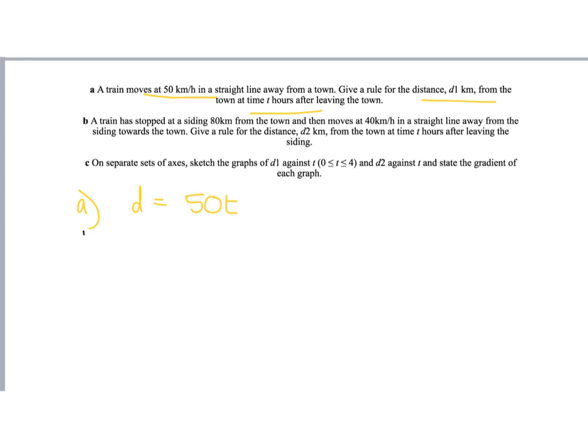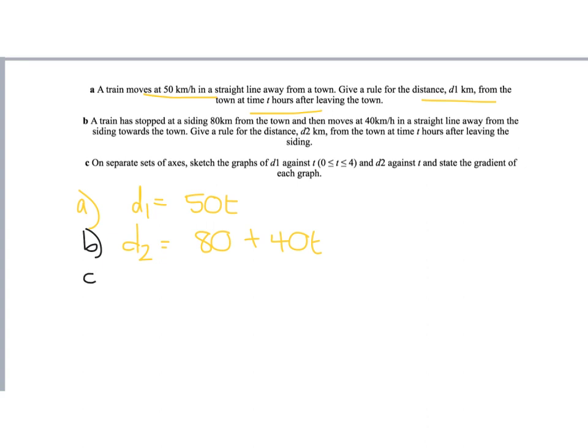Then our train stops at a siding that's 80 kilometres from the town, and then moves at 40 kilometres an hour in a straight line away from the siding towards the town. Give a rule for the distance D2. So this one was D1. D2, well, because we're starting 80 kilometres away from the town, we start at 80. And then we're moving at 40 per hour, so it's going to be 40t. So D2 is going to be 80 plus 40t.